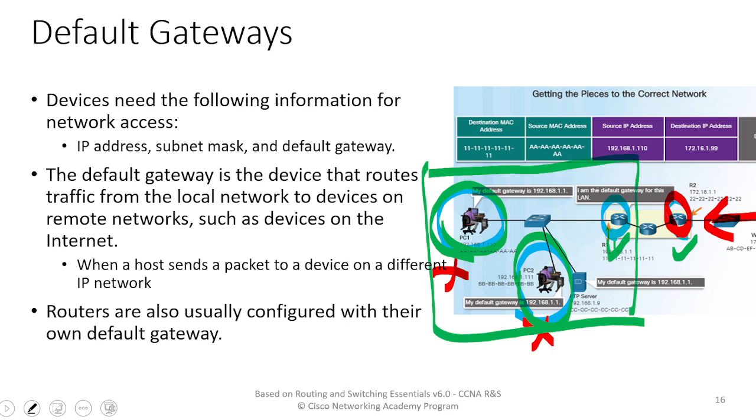That common entry point to that network, which is this router, is what we would identify as a default gateway. The default gateway is the device that connects the local network to remote networks, and any connections into the local network will come through that default gateway.